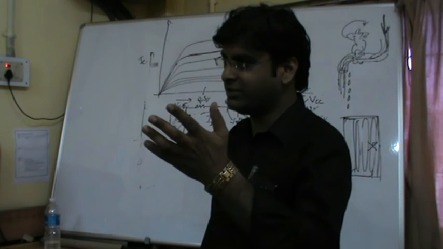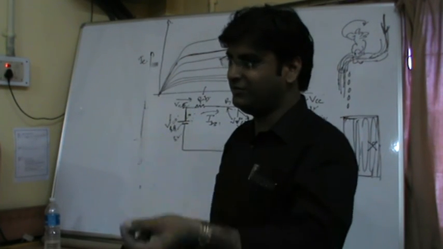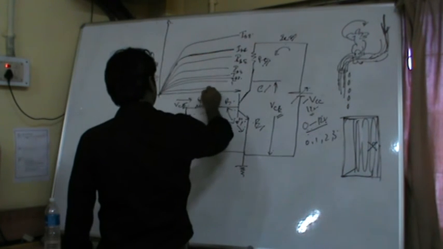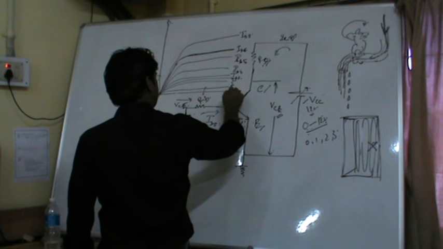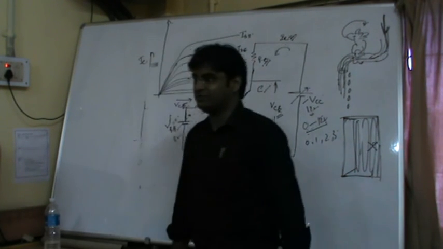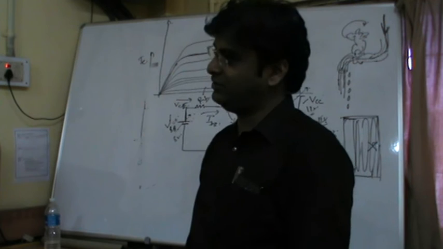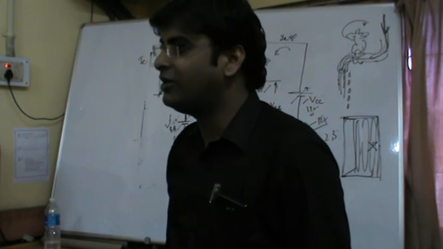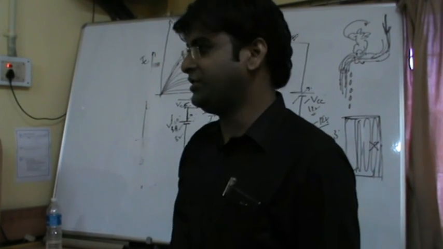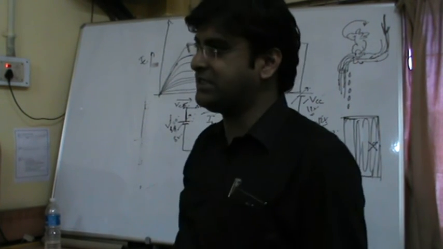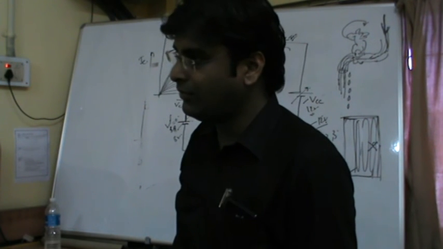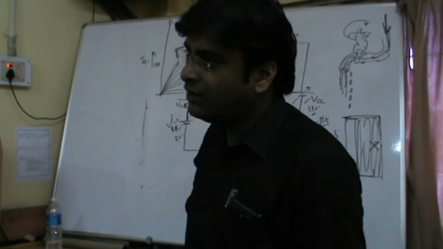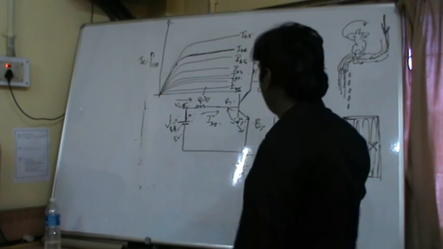I think you have seen that. So a very small current is passing through this, that is for IB0. That is called the cutoff position, the cutoff condition of this output characteristic.